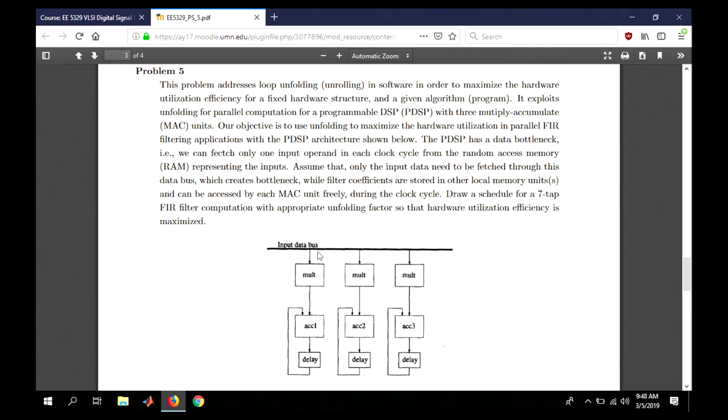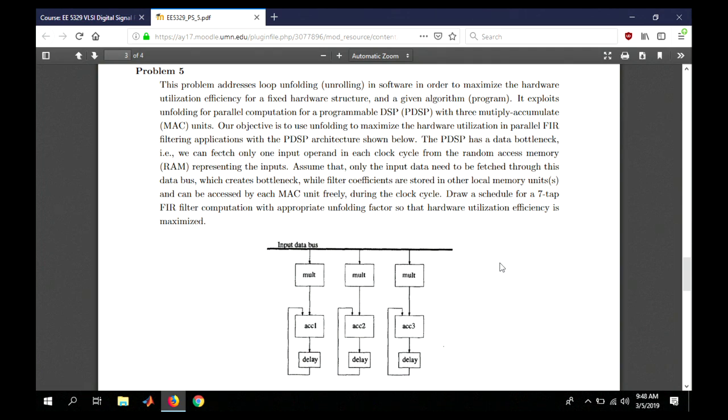So we are saying that all these 3 multipliers have access to one data coming from wherever the data is stored, SRAM or whatever. The ideal solution would be if each of these 3 processing elements had access to its own data bus.